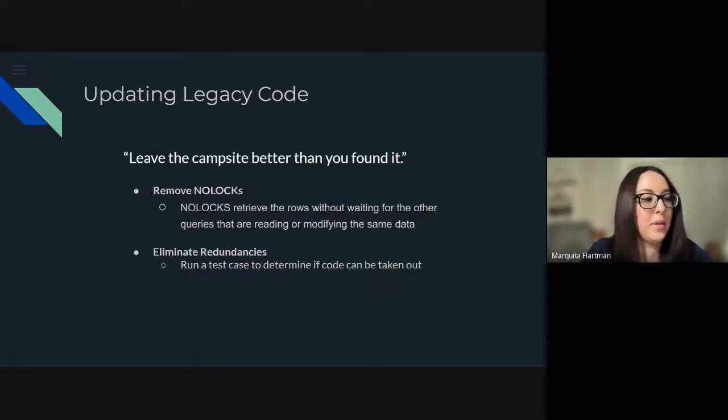If you do get the same number of rows and the exact same data, then you can most likely take out that piece of code and it should run faster. But there's a lot of testing that goes on. So if it turns out that you can't take it out, just put it back in. But most likely you can take out that piece.